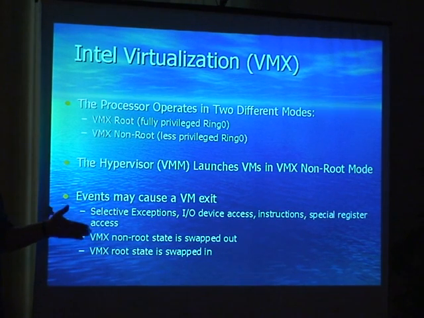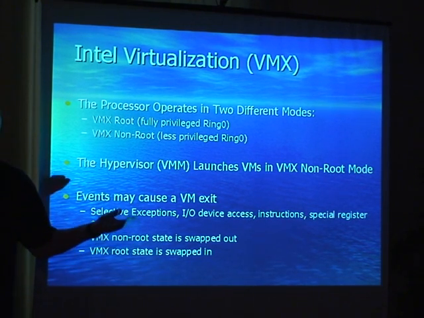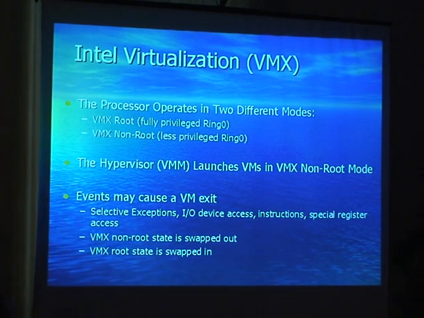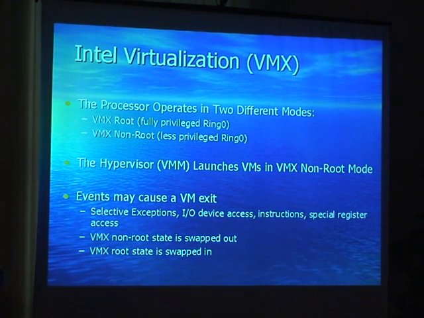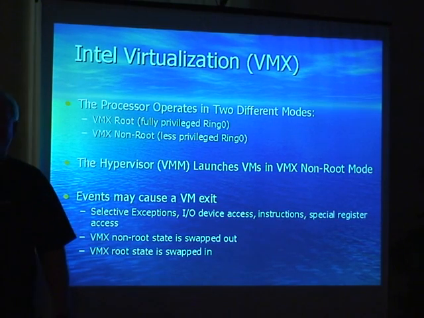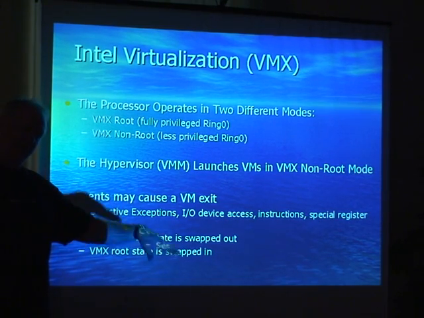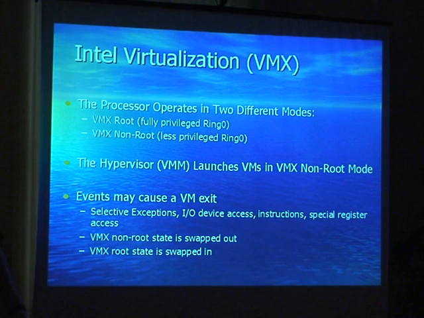The ones that are built in that always cause an exit or a trap to the hypervisor are IO device access, specific instructions like CPUID, and access to certain control registers. Calling a VMCALL will bump you out of the virtual machine and back down into the hypervisor.